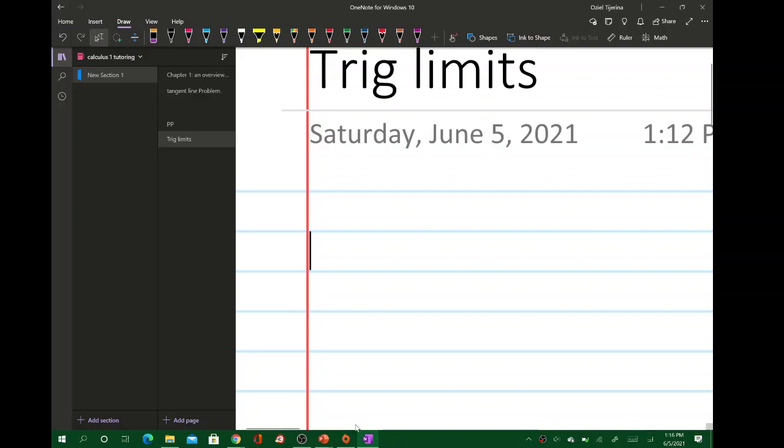Now, give me 1 second. Okay, so the reason why I didn't go over this in the last video is because I didn't want to make it way too long. But we are going to focus on trig limits in this video. Trigonometric limits are not as in depth, not as long as when we learned about square root limits as well as polynomial limits.